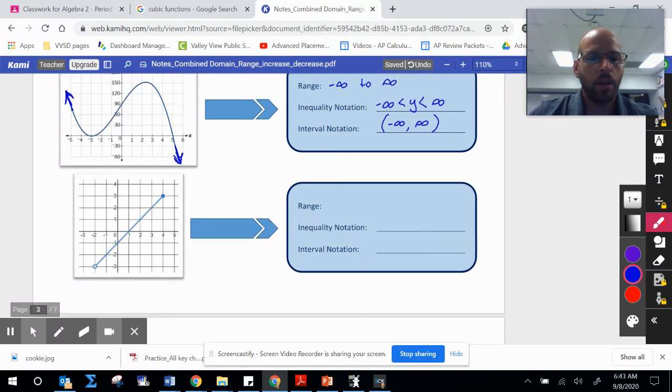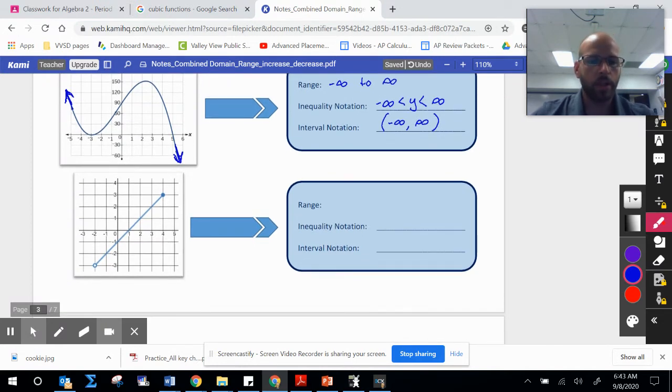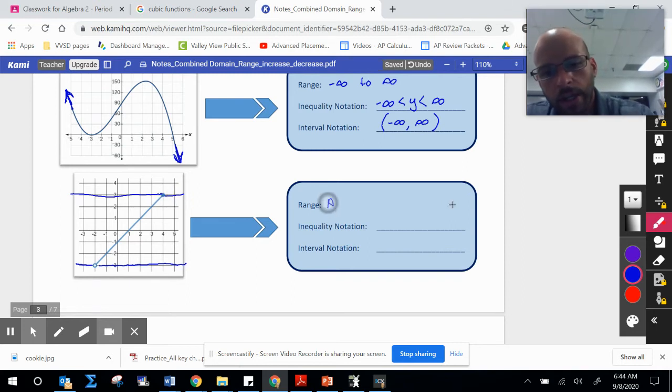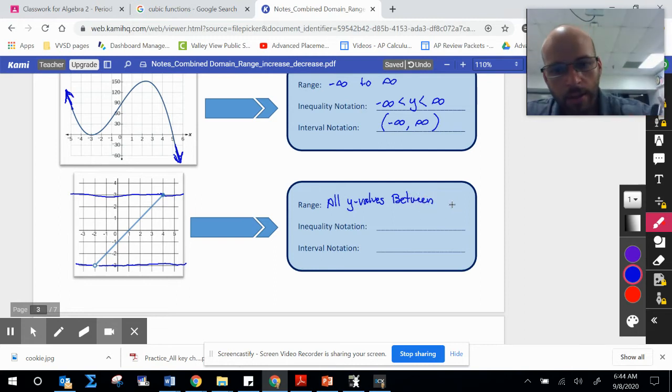Okay? Last one. So I'm working from bottom to top. The lowest that this graph goes is at -3. The highest that this graph goes is a +3. So I know it's going to be all y values between -3 and +3.